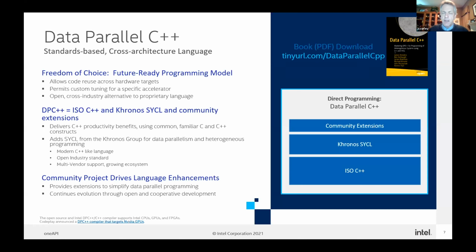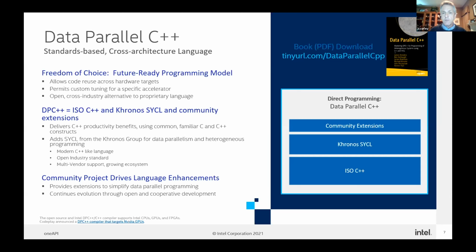And then the last thing we put together is community extensions. And Khronos SYCL has a number of great features, but it had a number of gaps for being productive as a broad accelerator language. So the community suggested extensions. We tested them out through our period of beta and did 2 things with them. One, we rejected ones that didn't make any sense.